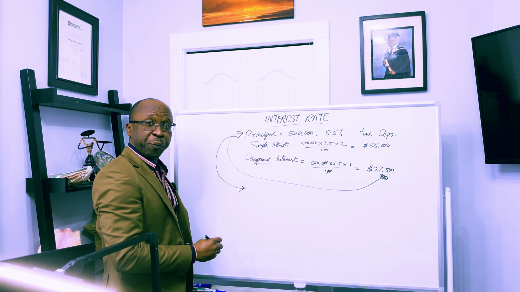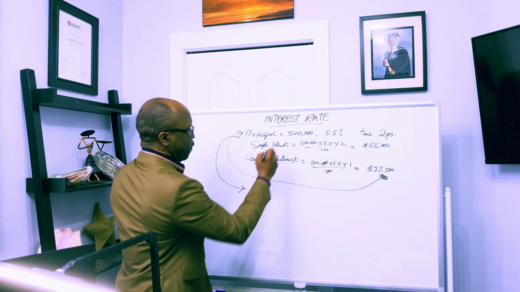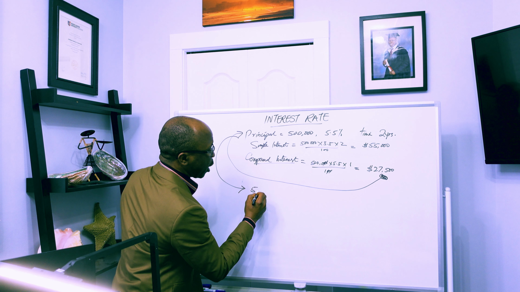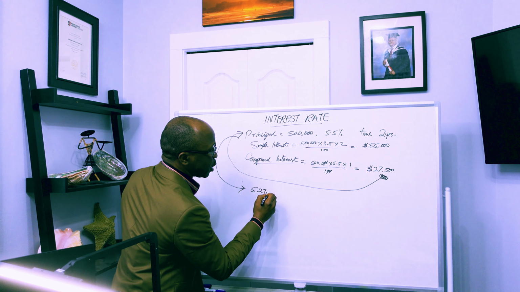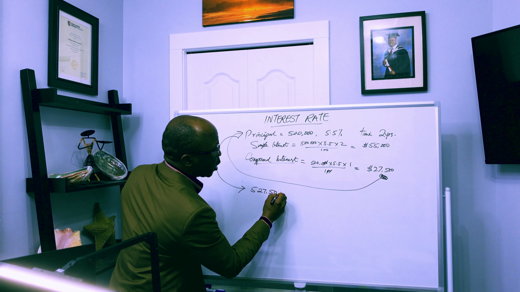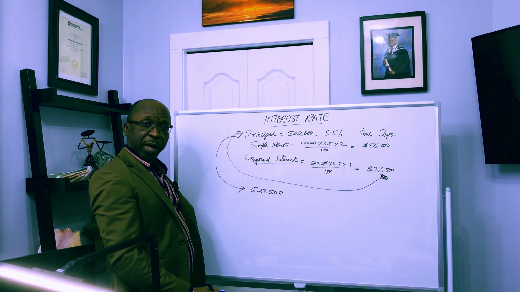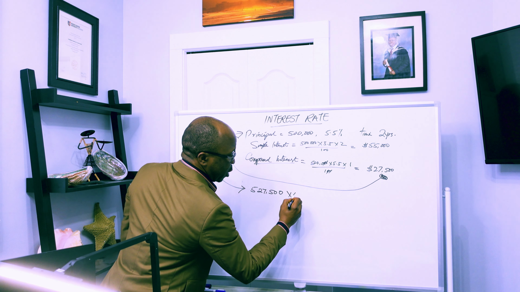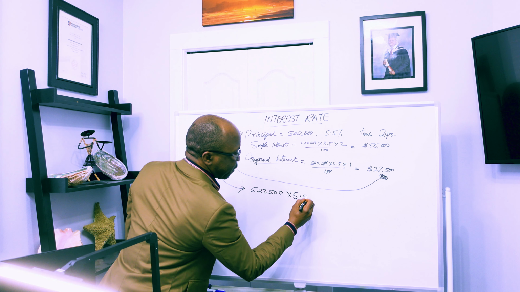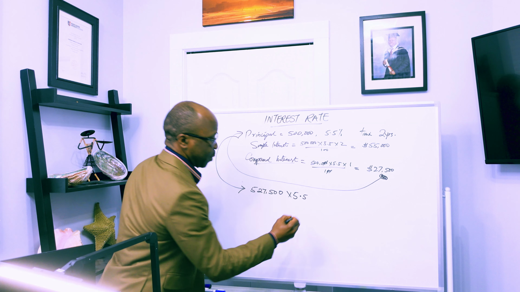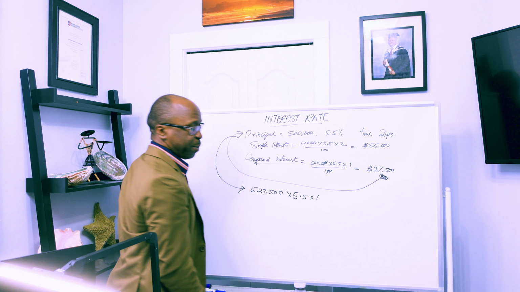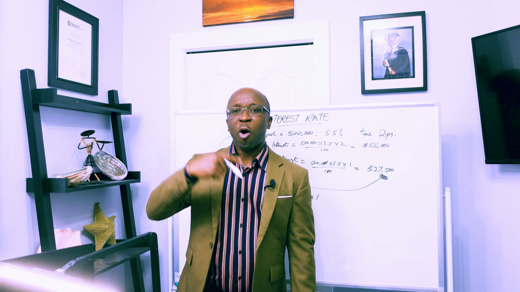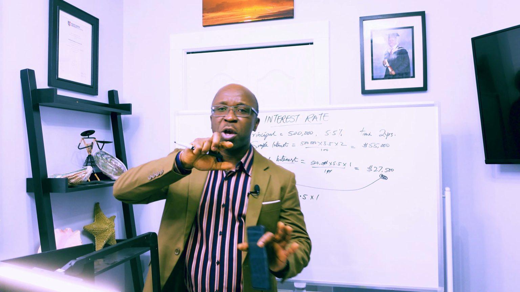We now have a new principal, which is 527,500. That is the new principal now, right? Times the rate, 5.5, times 1, because you are always using 1 year now.